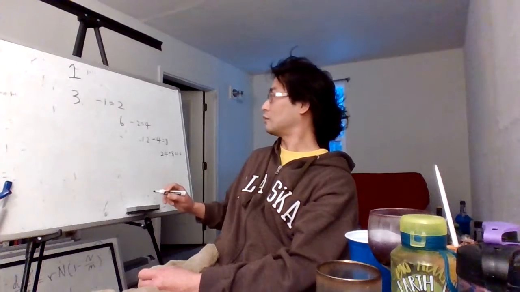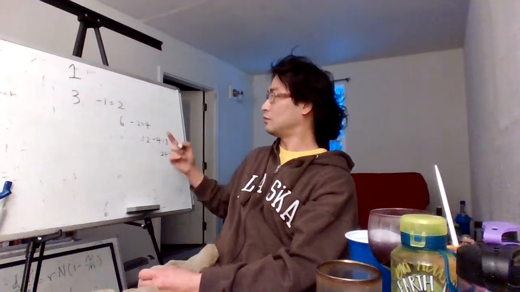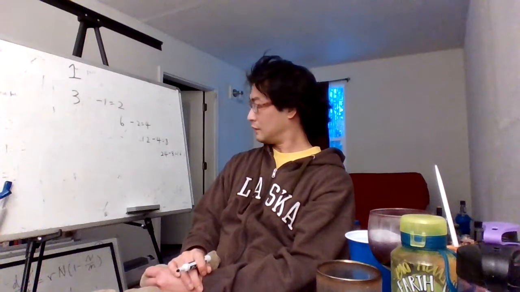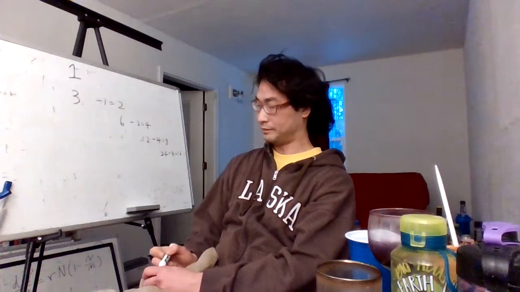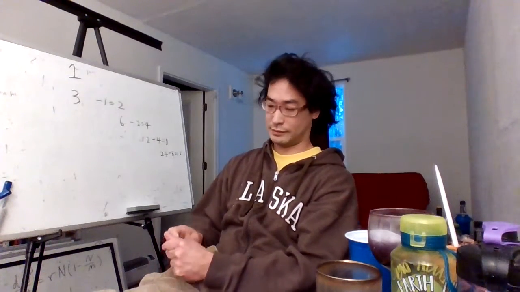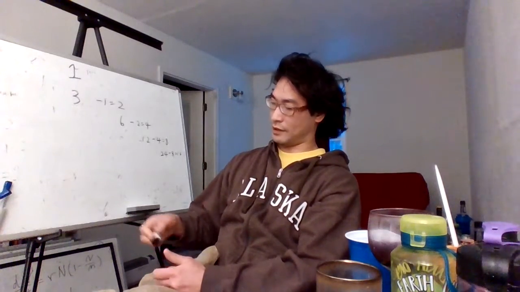So what does this look like? 1, 2, 4, 8, 16. That's 2 to the n. So instead of 3 to the n, it's 2 to the n. Simple enough, right?